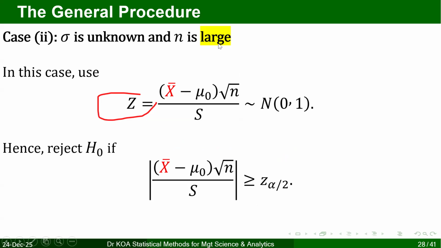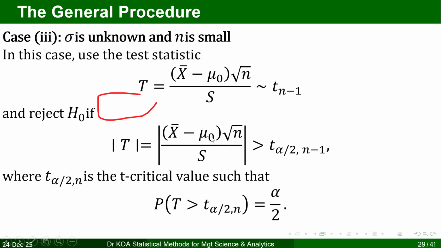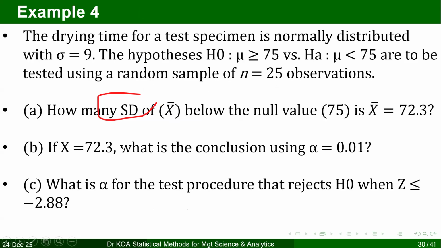Unknown means that it's like we are going into T, but the sample size is large. So we use Z. And this is the formula for that. And then you have the final one, which is the standard deviation is unknown, but the sample size is not large, it's small. So these are the three different cases that you can get the question on.